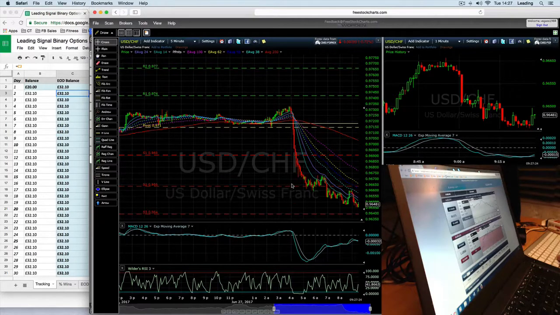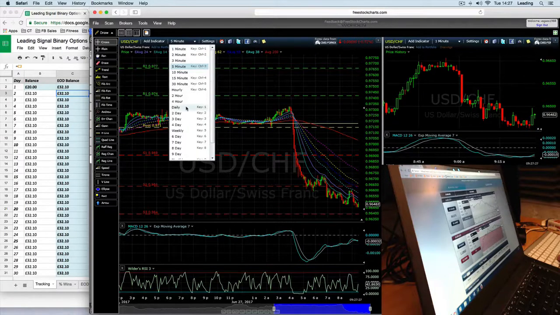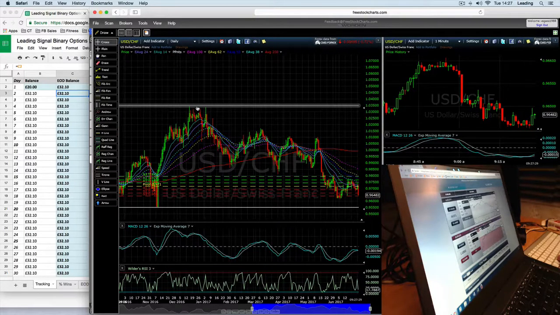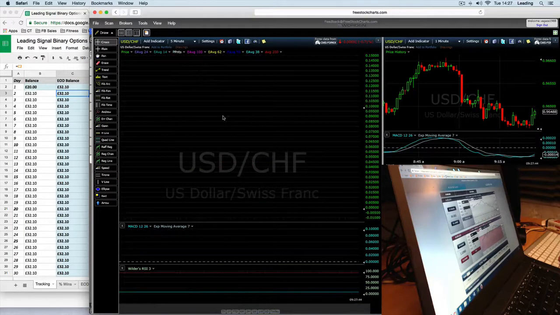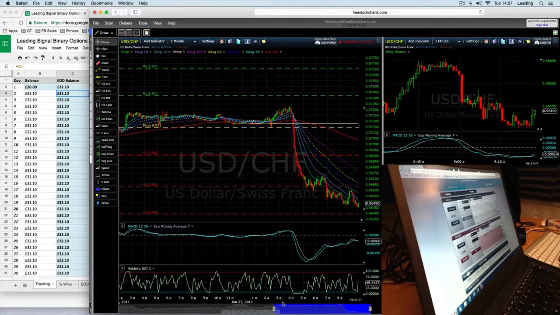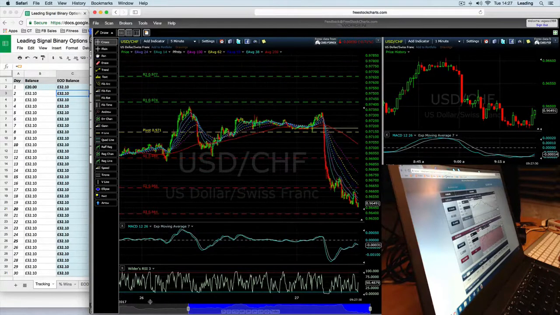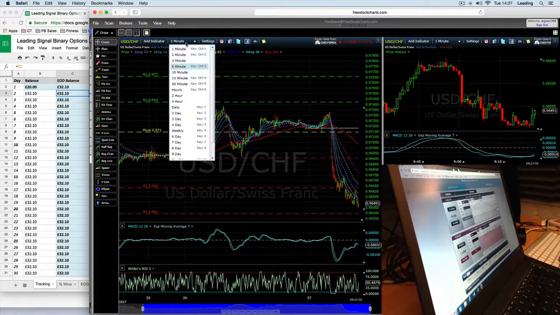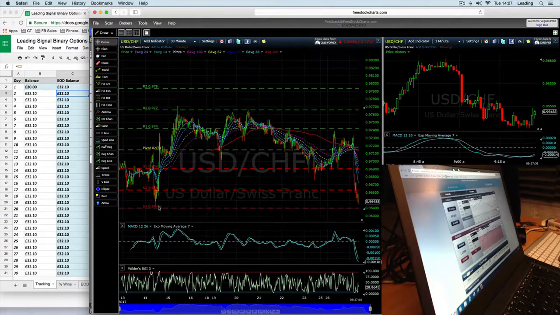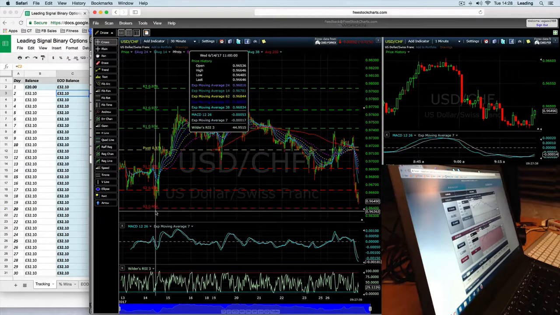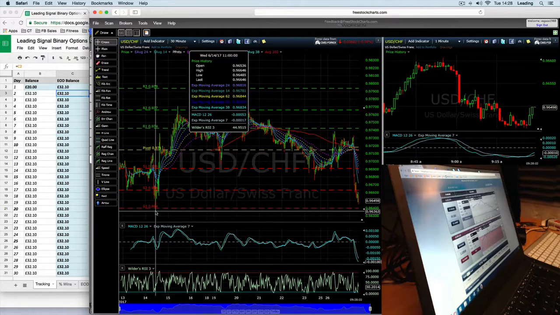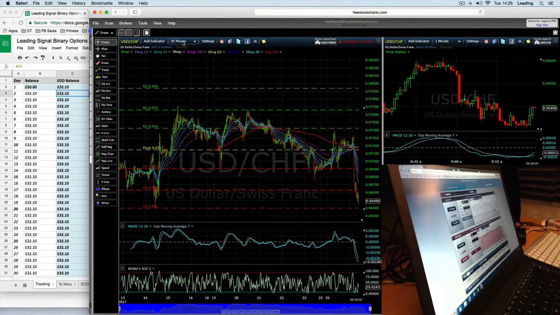Swissy. Ooh, that's nice. Swissy's almost like an inverse euro. Not sure about that. It has reached this support level though. Let me look. So there's a possibility.